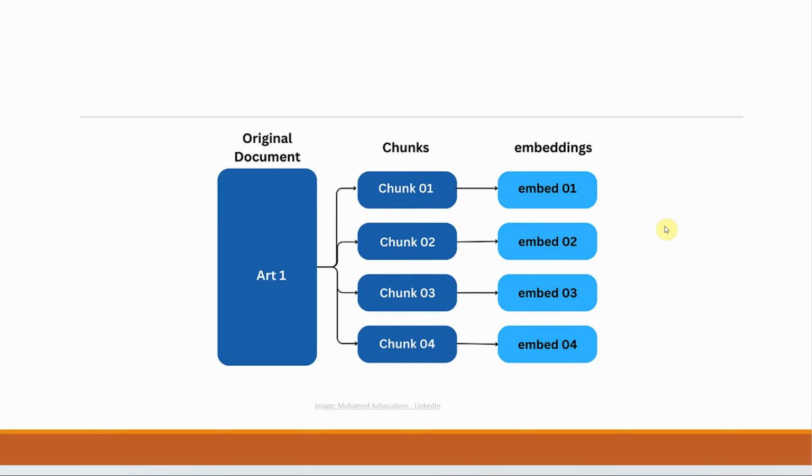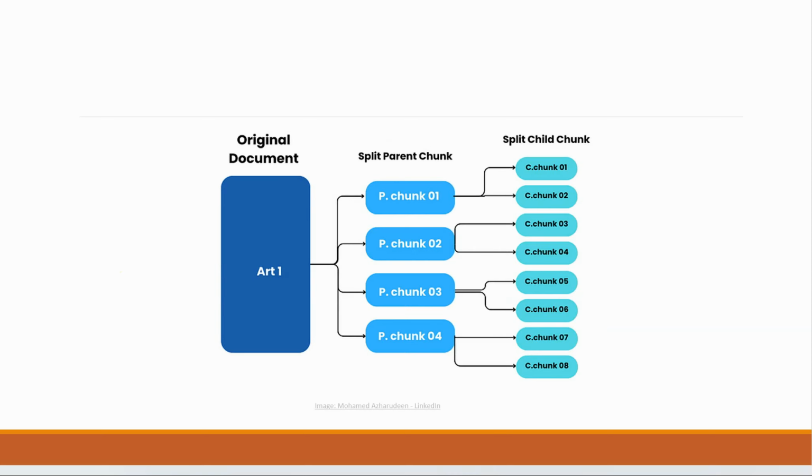In order to resolve this problem, rather than picking this particular chunk, we can pick the major portion of the original document, and that's what this new feature is all about. Let's have a look at this diagram. We have this document art1, and now instead of creating the chunks directly from the document, we first chunk the document itself.